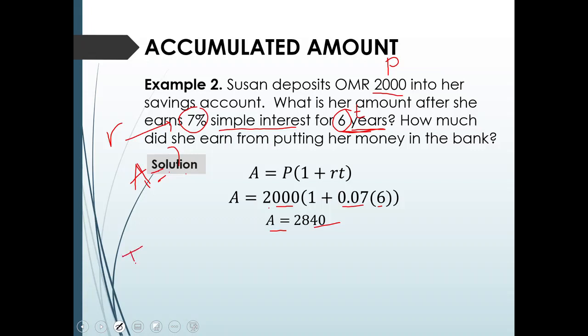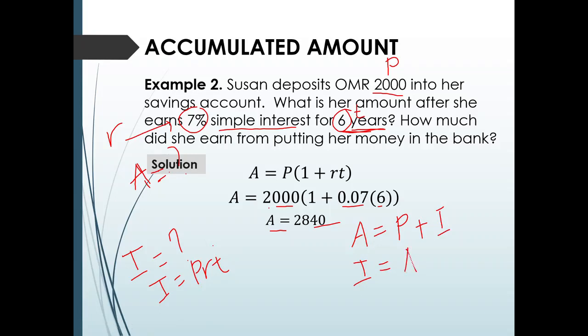And then for the second question, how much did she earn? That means we're talking about I. You can apply I is equals to PRT because we have our P, R, and T. Or, knowing that the accumulated amount is principal plus interest, I is A minus P. What is your A? 2,840 minus the principal, which is 2,000.